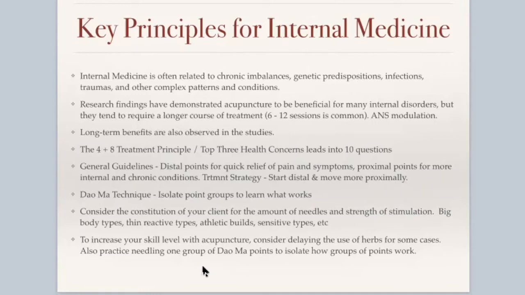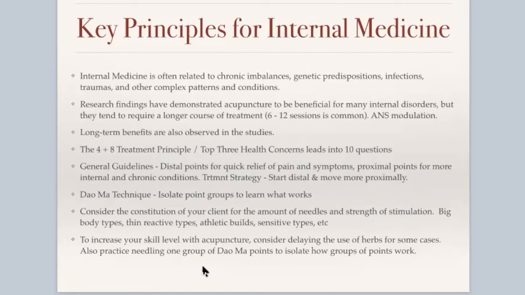I had a client fairly recently. She had a very thin and reactive body type, but guess what? She loved needles. 6 needles were enough to address her top 3 health concerns. So I would put the needles in, right? But she just loved needles. She did really well.